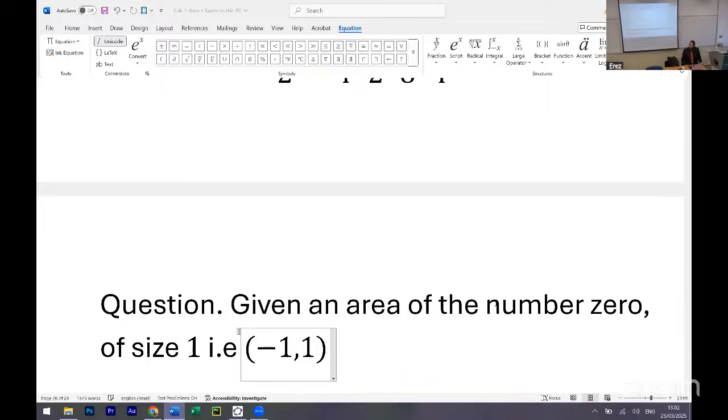You remember the idea of an area? We have a number in the center, and then we go up until some radius to the right and until some radius distance to the left. So the segment between -1 and 1 is an area of the number 0 with the radius 1.